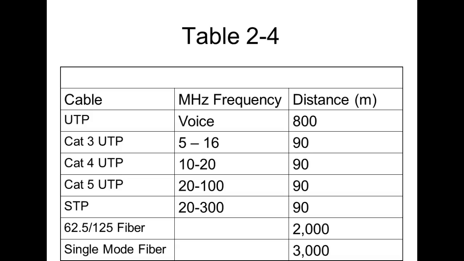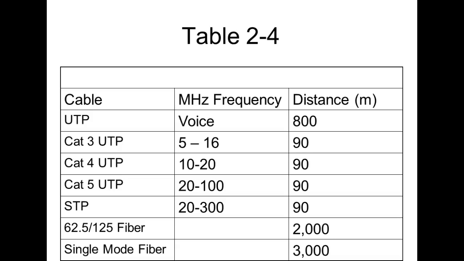Then Cat 4 cable we ran at 10 megahertz. And then Cat 5 cable, we run that at up to 100 megahertz, and we still use 100 meters, by the way, even though this chart says it's rated at 90. STP, which is shielded twisted pair, can go up to 300 megahertz at 90 meters.